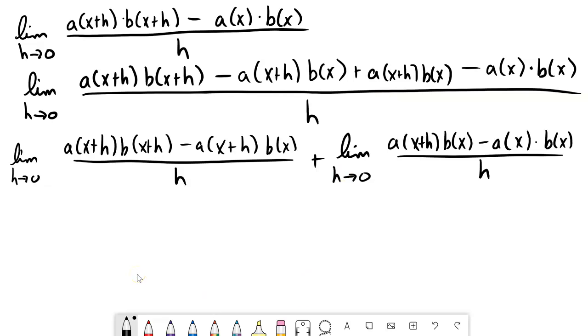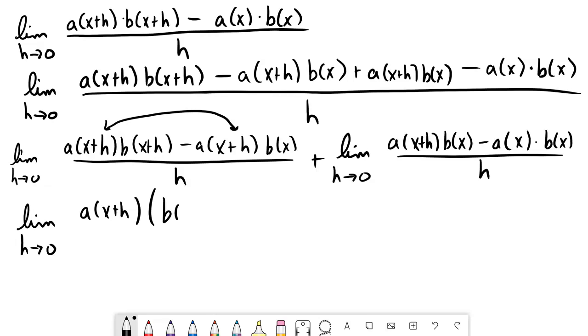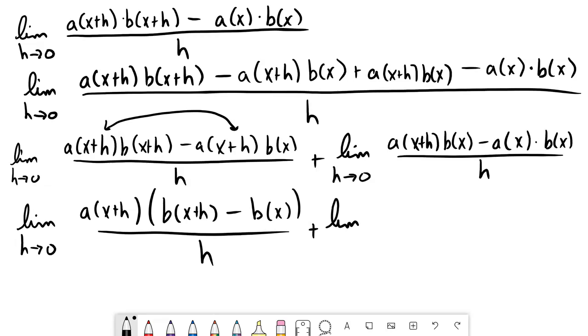Notice with this first term that there are similarities in factors. What we can do with these two factors is factor it out. Limit as h approaches 0 of a of x plus h. That's the term we factor out, kind of like the reverse distributive property is how I like to think about it. I'm going to write it in such a way that maybe you recognize it immediately, maybe you don't, but I'll point it out once we get to that step.